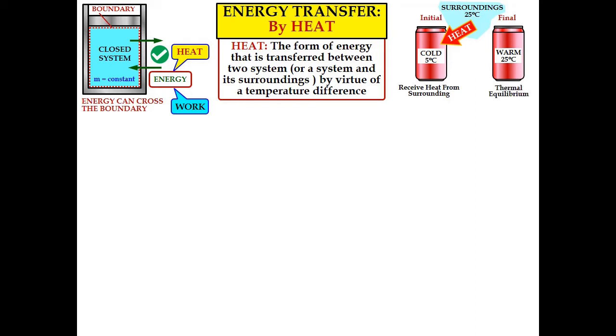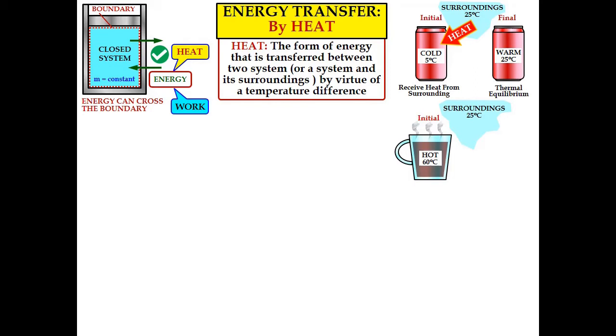At this condition, we consider it thermal equilibrium, because the temperature of the system is equal to the temperature of the surrounding. Another example: we have a hot coffee at 60 degrees Celsius. We consider this the initial state, and the surrounding is also at 25 degrees Celsius.